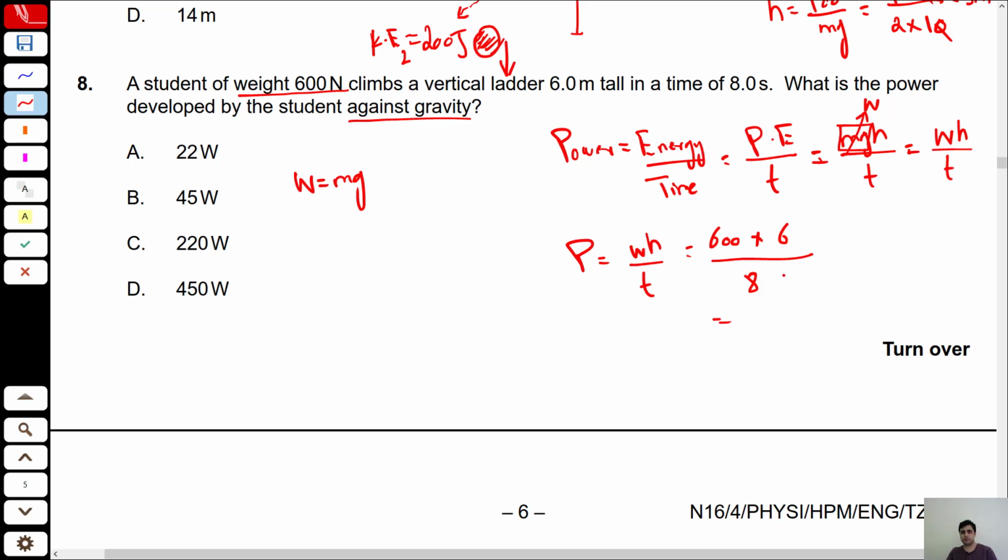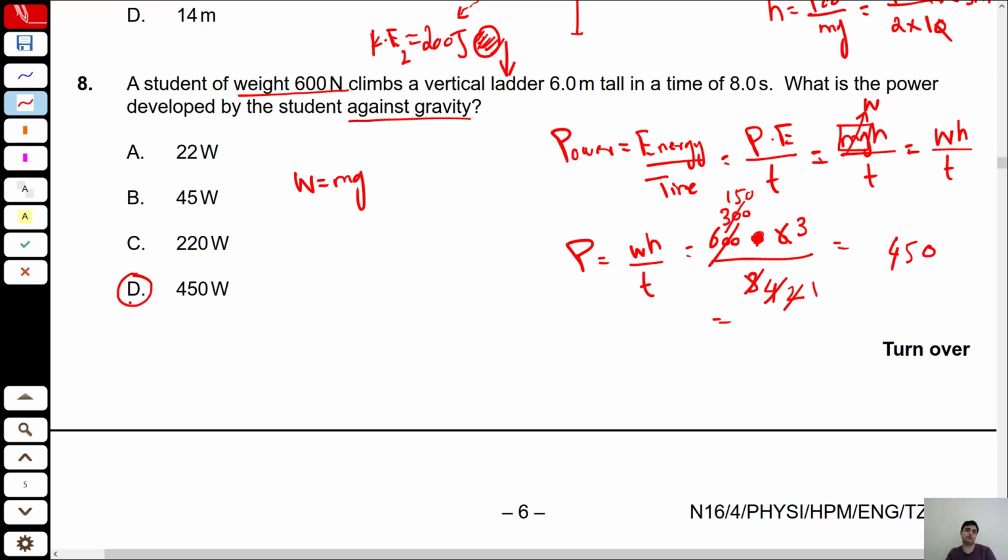Alright. So let's simplify. This is multiplication, or just put a dot here. A lot of the students are confused with multiplication with the plus sign. Right? So 2 4s are 8, 2 3s are 6, 2 2s are 4, 2 300s are 600, 2 150s are 300, and 150 times 3 is 450.